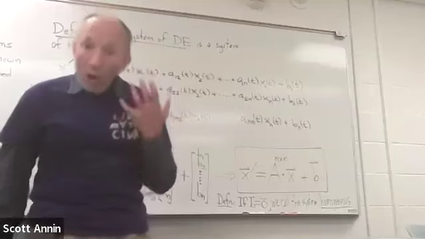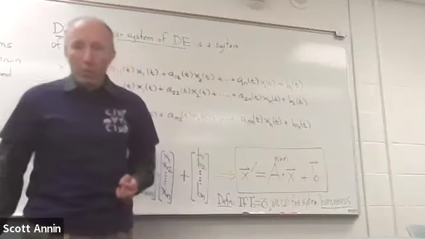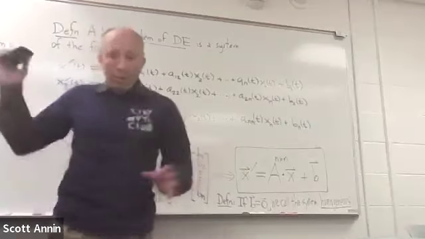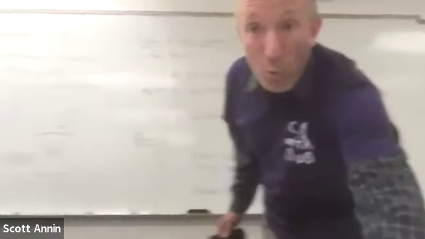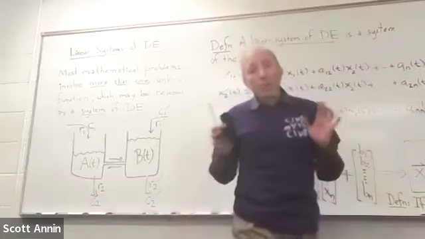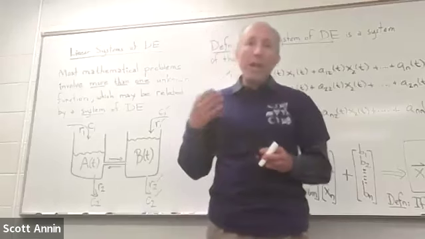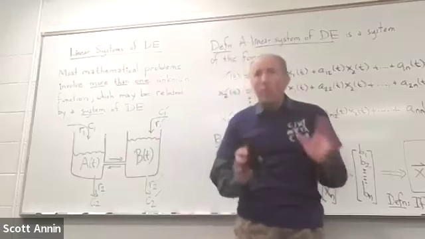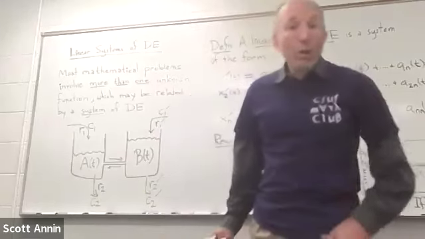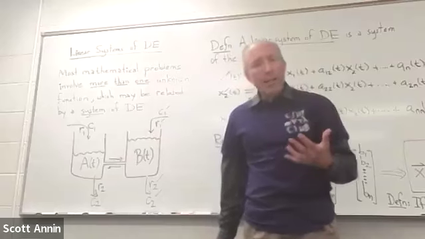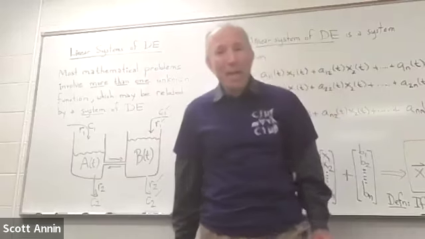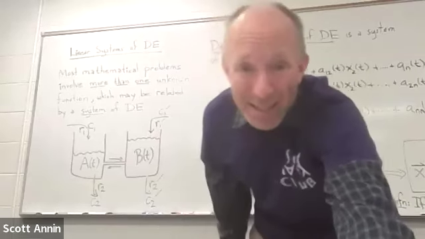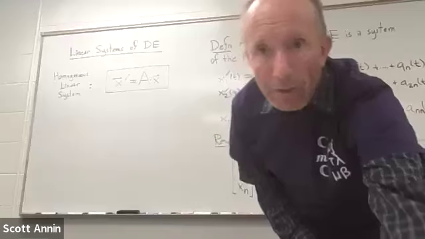And so we're going to start our discussion of linear systems of differential equations with homogeneous systems first, and then at the very end of this chapter, we'll spend just 45 minutes, maybe one short lecture, talking about how to modify things for a non-homogeneous system. But for right now, we're going to focus on linear homogeneous systems of differential equations.